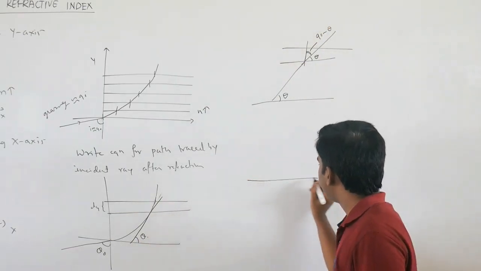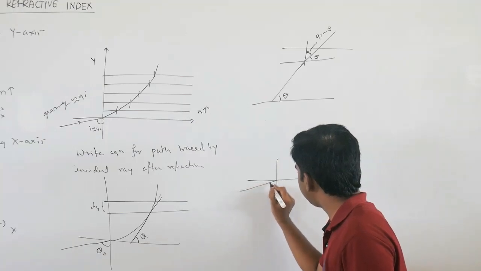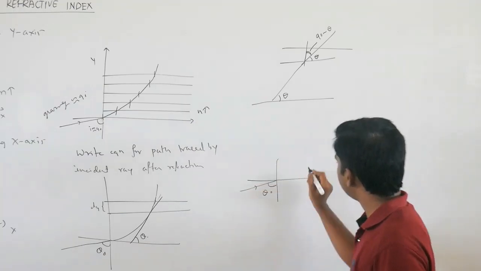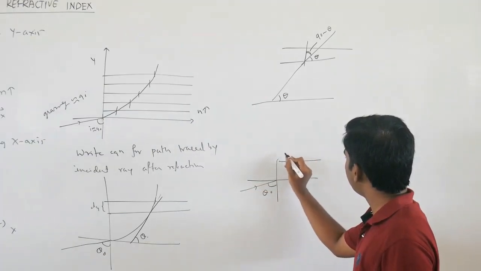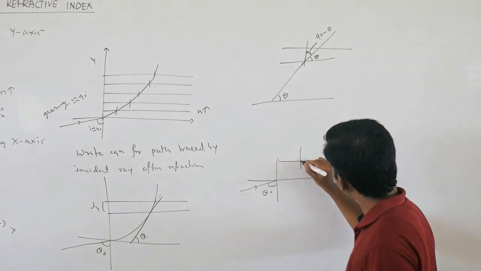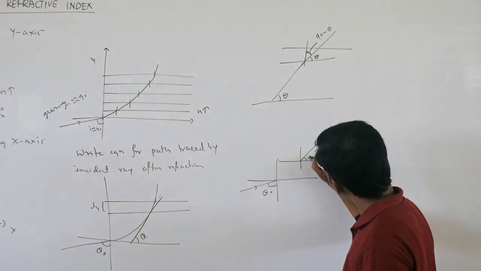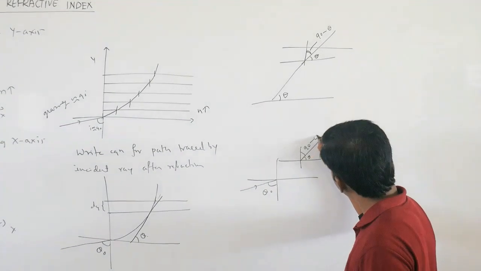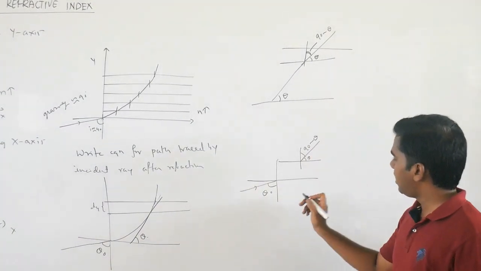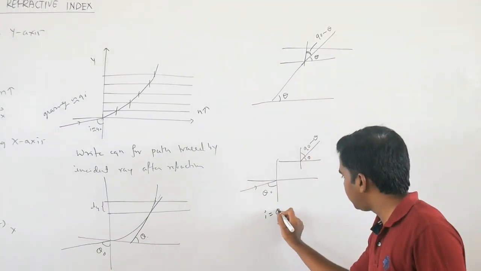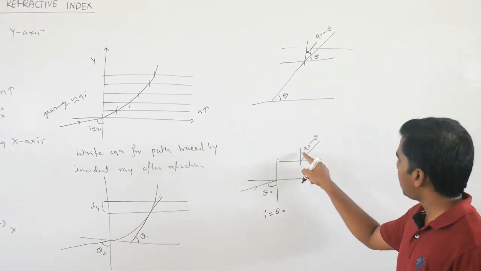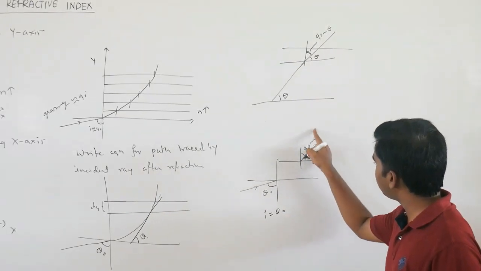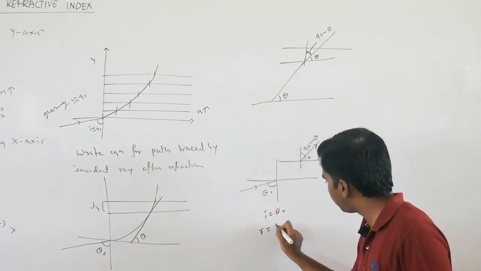Now I will draw these two together. Here the angle of incidence is theta naught. At this point, if this is the normal, here it is theta and here it is 90 minus theta. Then i is theta naught, and r, the angle of refraction, is 90 minus theta.